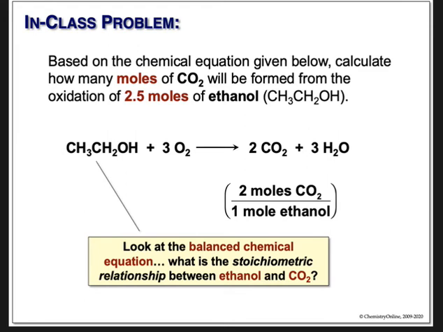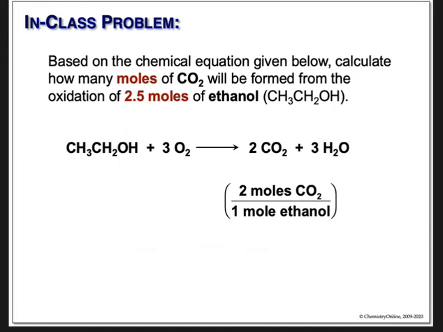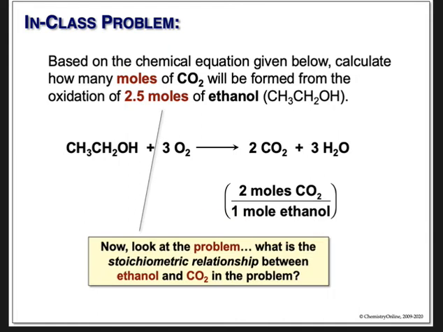Next, we look at our problem. And in the problem, we're looking to find the unknown. We'll call the unknown X, because I can. And the other known given. So up here, how many moles? That's X. We don't know what it is, it's an unknown.